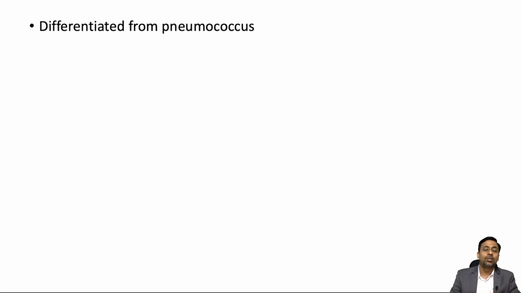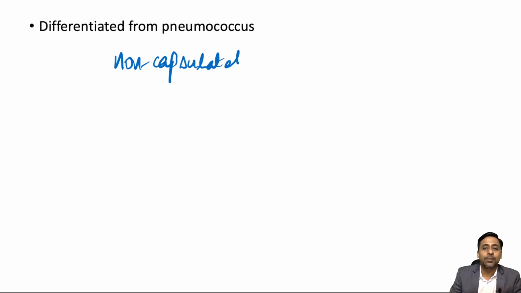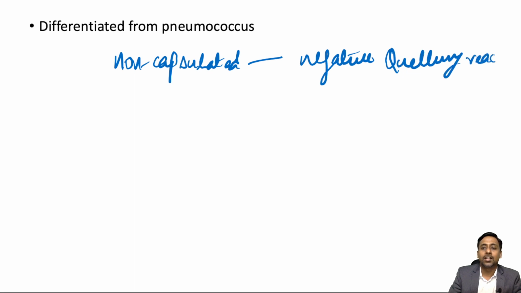So how to differentiate the alpha hemolytic Viridans group of Streptococcus from alpha hemolytic pneumococcus? It's very easy. The first one, Viridans, is non-capsulated, whereas pneumococcus is capsulated. As it is non-capsulated, it will give a negative Quellung reaction. For Quellung reaction you can go to my PYQ number 3.